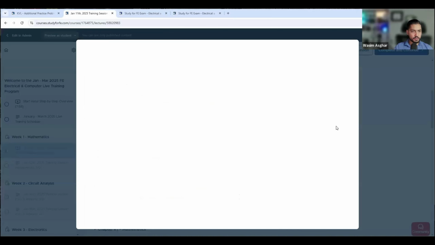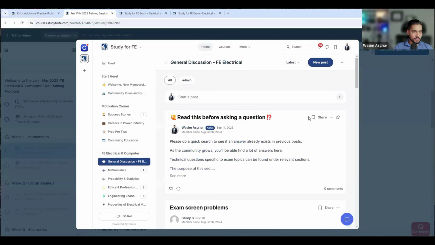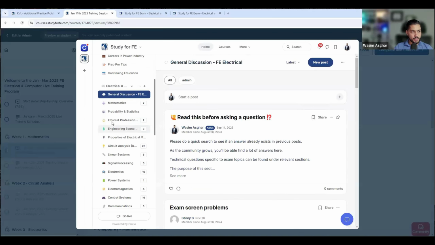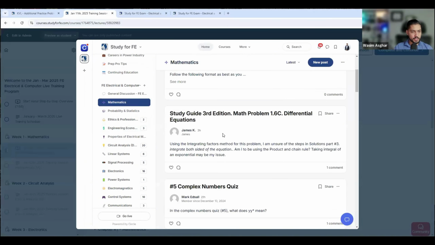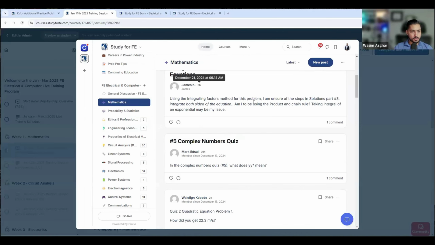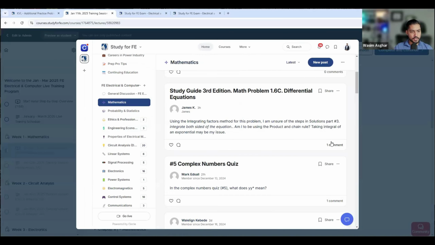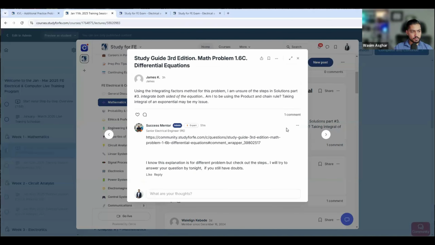I also have a very active community. So as far as the support network is concerned, if you have any questions, you are not going to be stranded. You can always ask questions over here. Let's say you're operating in mathematics. If you have a question, you can post it in mathematics, and you can see that students are asking questions very frequently, and they're getting detailed responses from my teaching assistants and from myself.